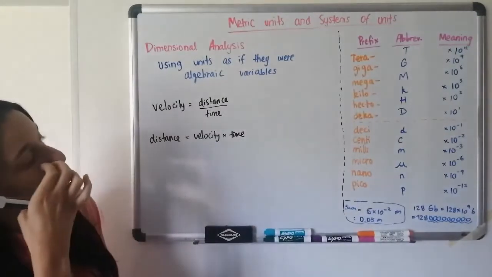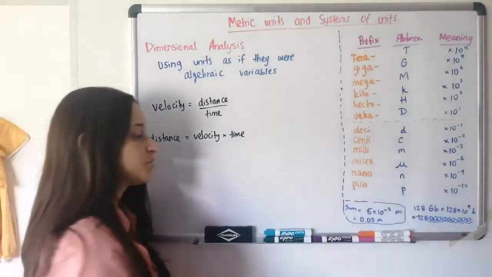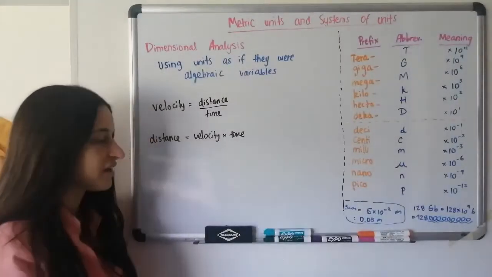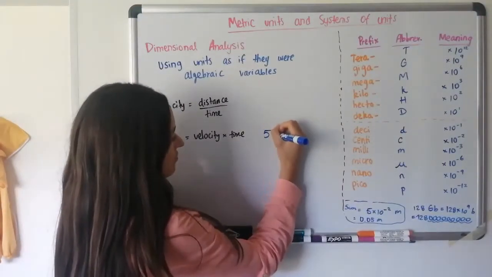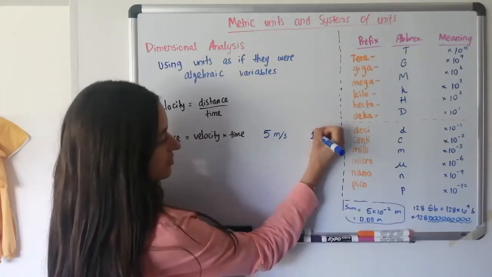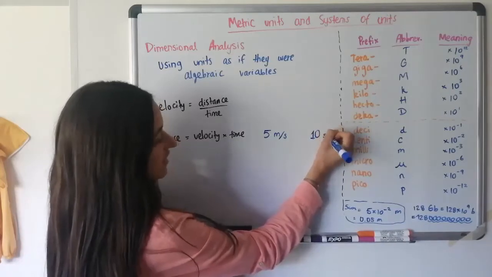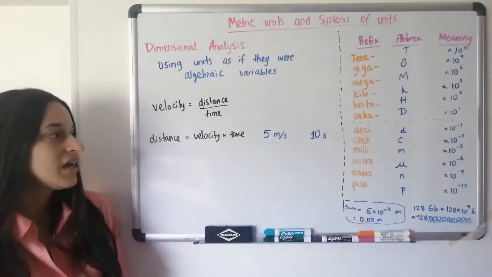Not something you need to know yet, but just for this example. Suppose you're given in the problem that someone is moving at 5 meters per second, and they move at that velocity for 10 seconds. You want to find the distance that they cover.